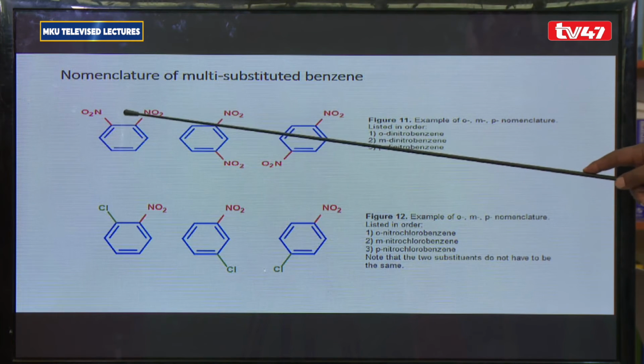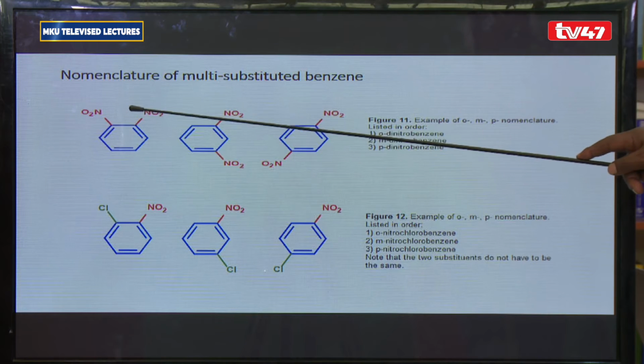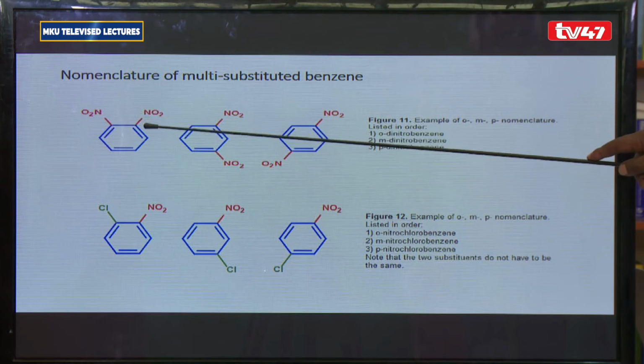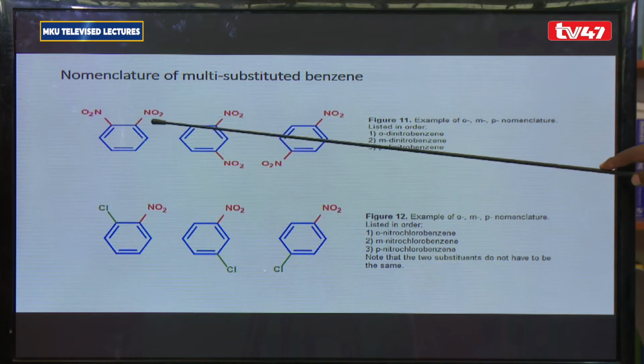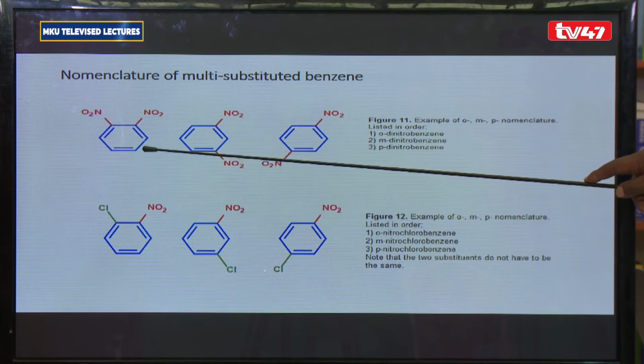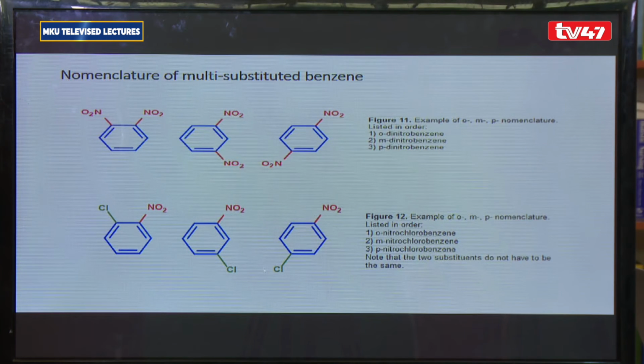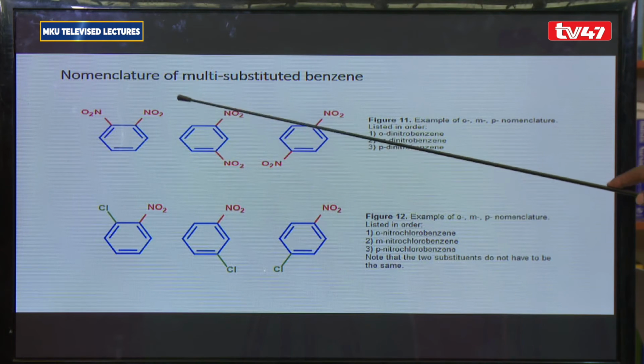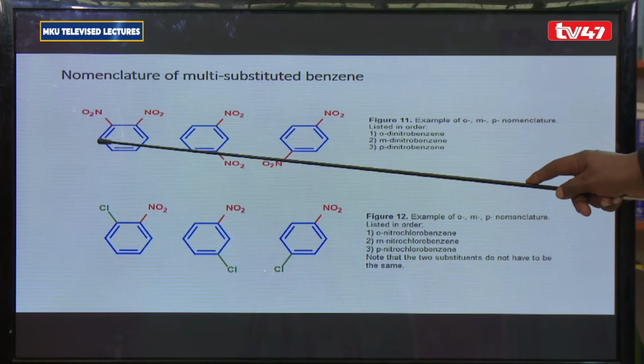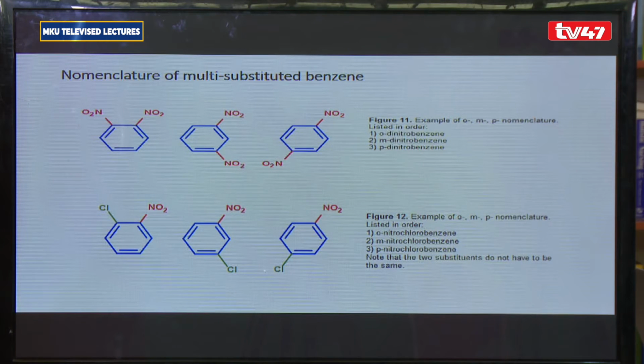Now, another important thing to notice when you are naming substituents of benzene is that there are 3 possible other positions if you have 1 substituent. There is this position, which would be equivalent to this. This is equivalent to this, and this is on its own. So we can say that there are 3 different positions that are likely. Now, if it is at position 2 on either side of the first substituent, we can use the term ortho.